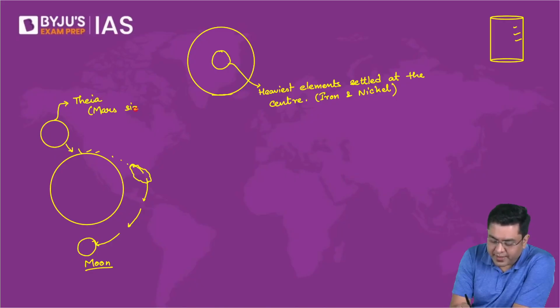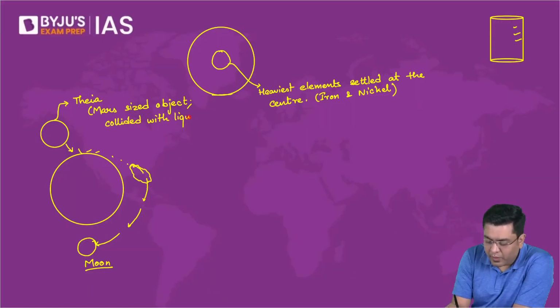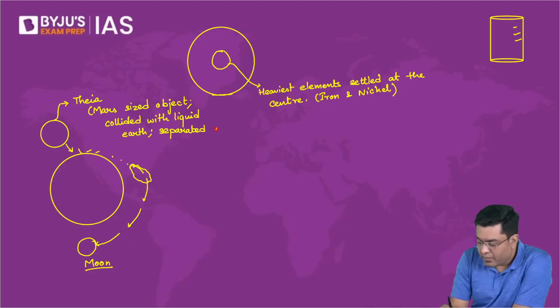Mars-sized object collided with planet liquid Earth, separated a chunk of mass.